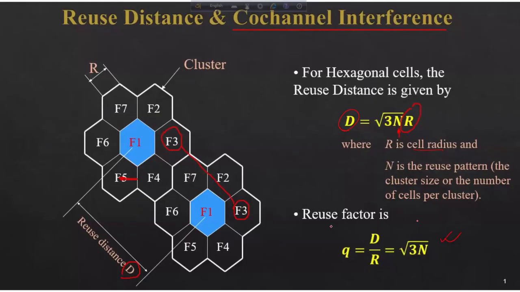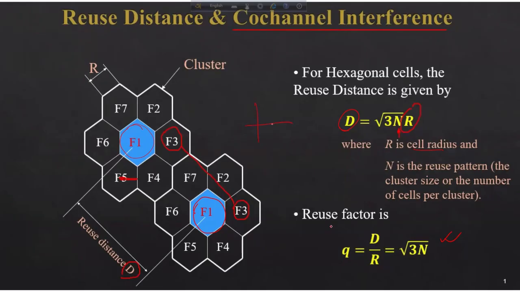Co-channel interference means, say for example, I'm using the F1 set of frequency in this cell and I'm reusing this F1 frequency set in this cell as well. Now there can be some interference between these two cells. That interference is known as co-channel interference.